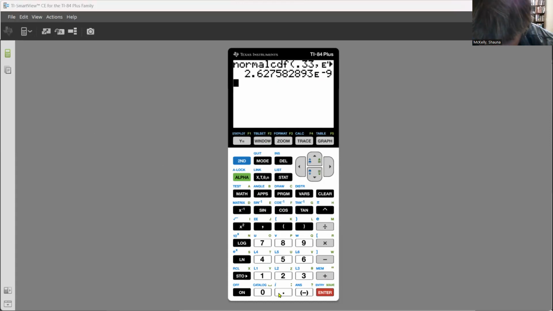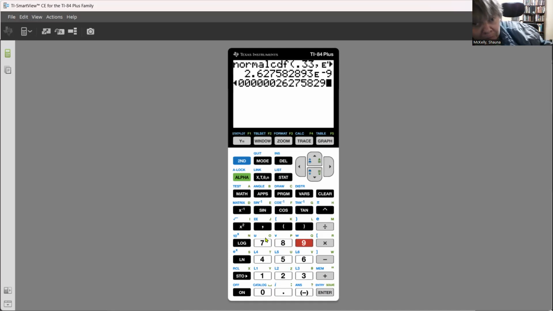It means that you have a point, and then you have 8 zeros, then 2, 6, 2, 7, 5, 8, 2, 8, 9, 3. So we'll just make that a 9. This is super, super small.